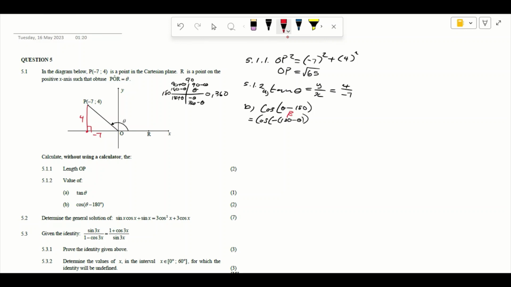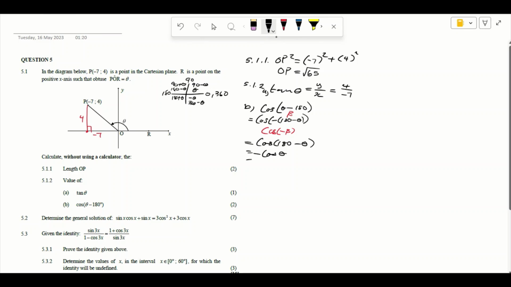So now we can say that this is cos of negative beta, and cos negative beta is in the fourth quadrant, where cos is positive, so it's going to be cos beta. Now beta is 180 minus theta. So 180 minus theta is in which quadrant? Quadrant 2, and cos is negative, so it's going to be negative cos theta.